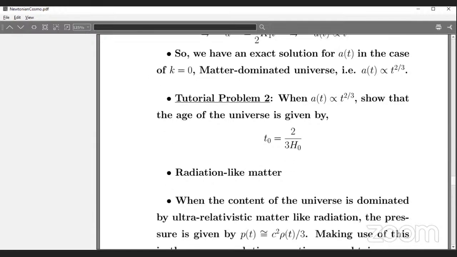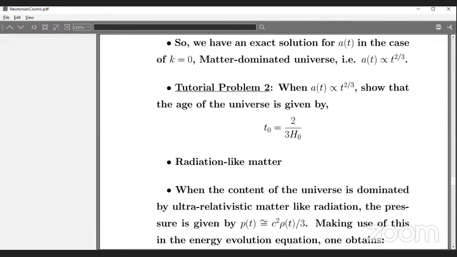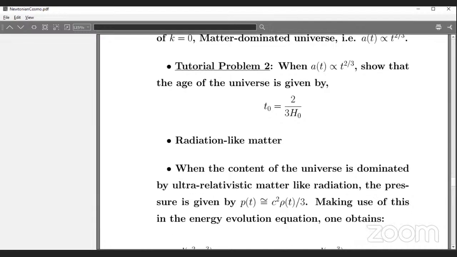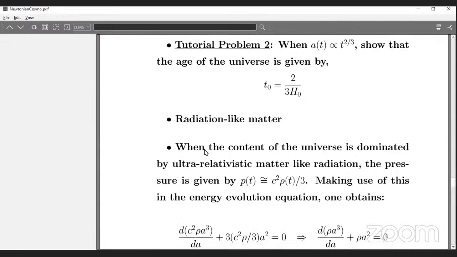Next, we will apply the energy evolution equation to radiation-like matter. Suppose the content of the universe is dominated by ultra-relativistic matter like photons and particles which have high momentum compared to their rest mass.